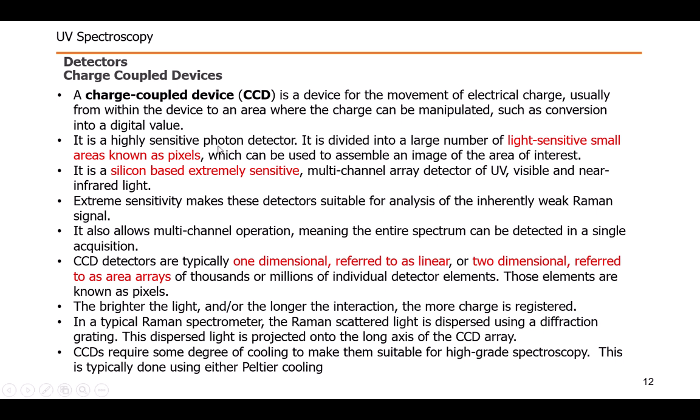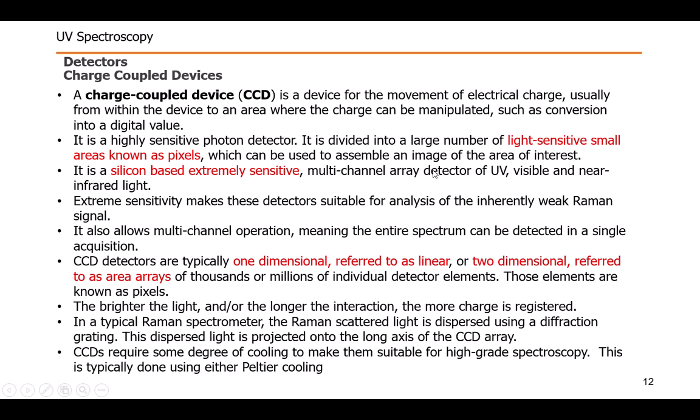It is a highly sensitive photon detector divided into a large number of light sensitive small areas. These light sensitive small areas are called pixels.